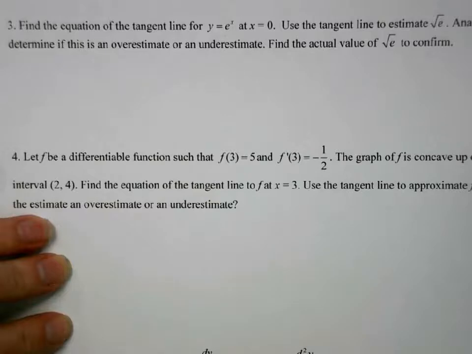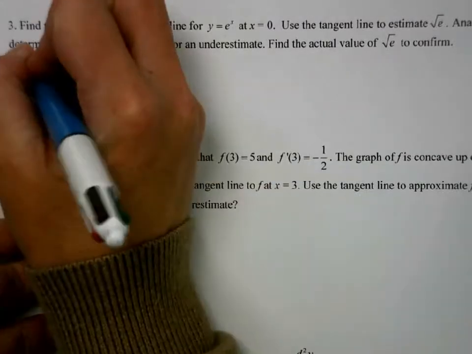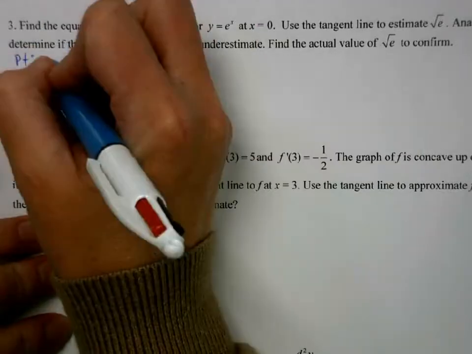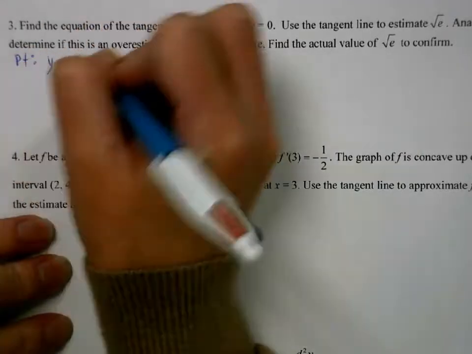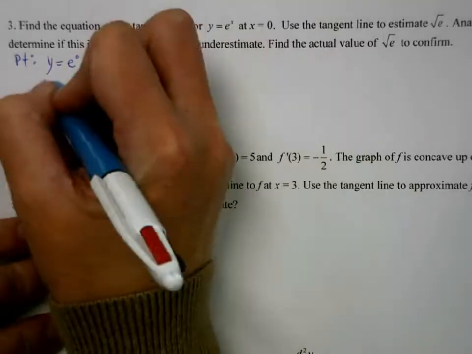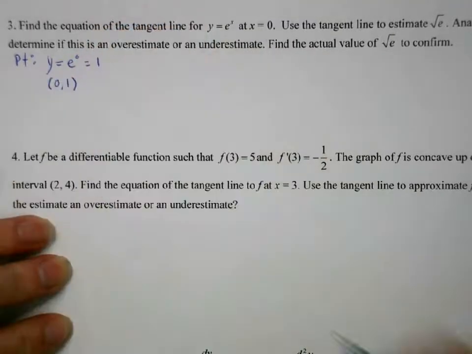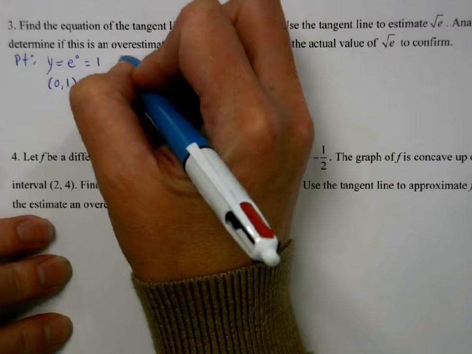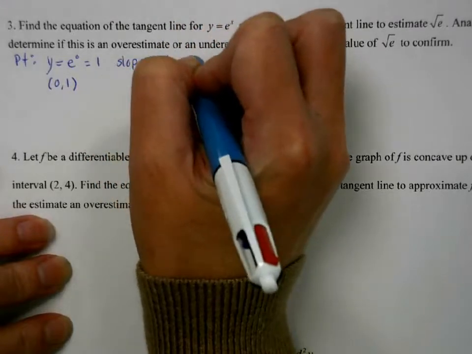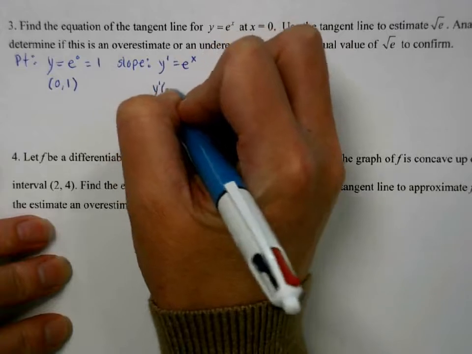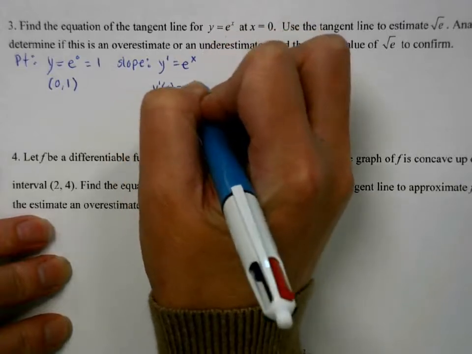So tangent line, we need a point and a slope. Okay, so y equals e to the 0, so that's just going to be 1. So our point is (0, 1). Our slope, y prime, is e to the x, so y prime evaluated at 0 is e to the 0, which is 1.